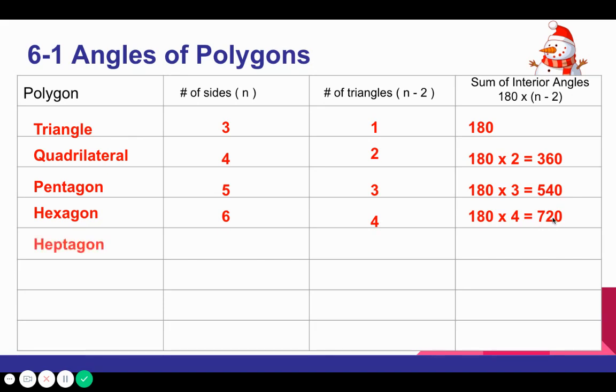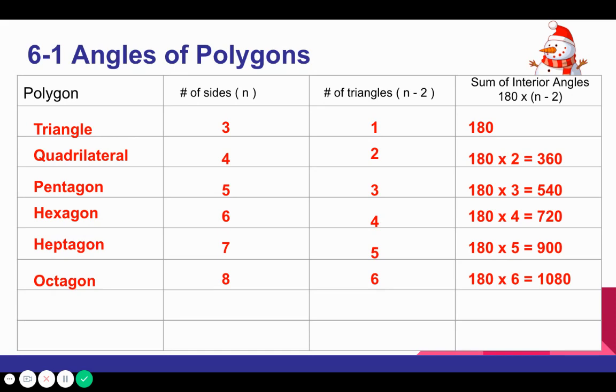All right. Next, we have the heptagon, which has 7 sides, 5 triangles on the inside, and the sum is 180 times 5. The total is 900 in a heptagon. Any 7-sided figure will have a total of 900 degrees on the inside. The octagon has 8 sides, and diagonals form 6 triangles.